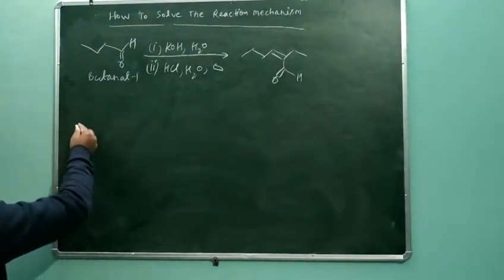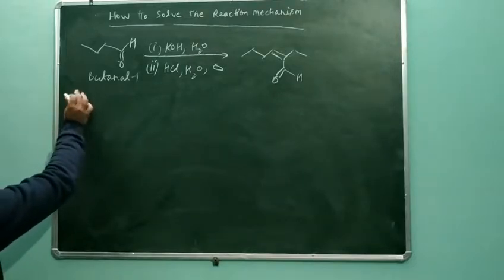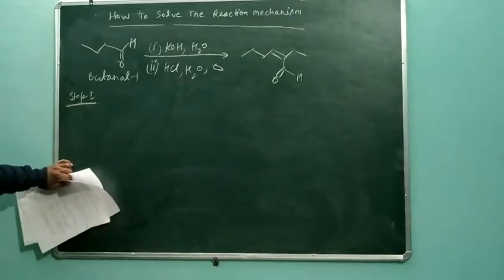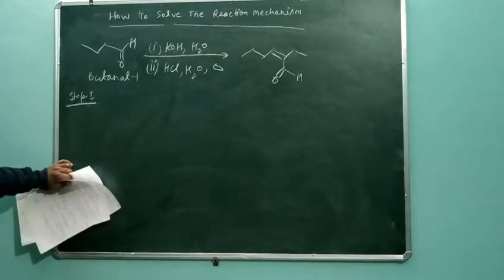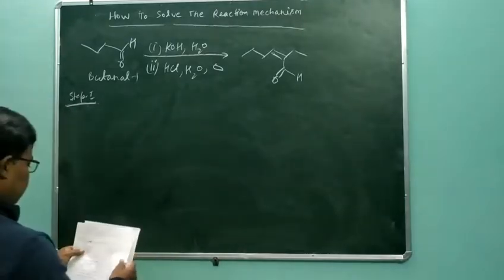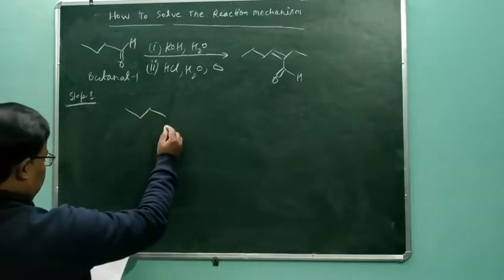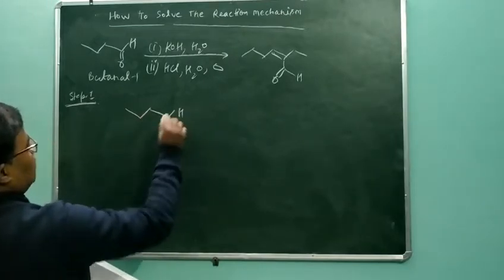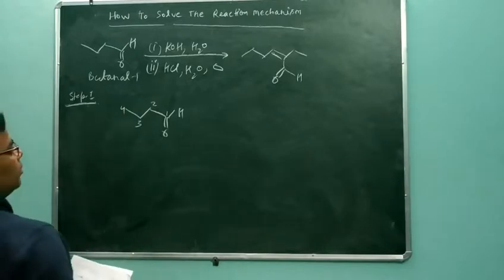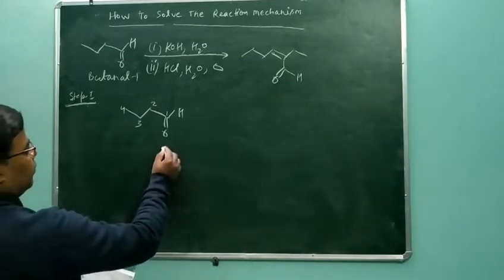What does step first tell? Label the electrophilic, nucleophilic, acidic, basic sites in substrate, and number the identical atoms in substrate and product. 1, 2, 3, 4. This is the main substrate, butanal.